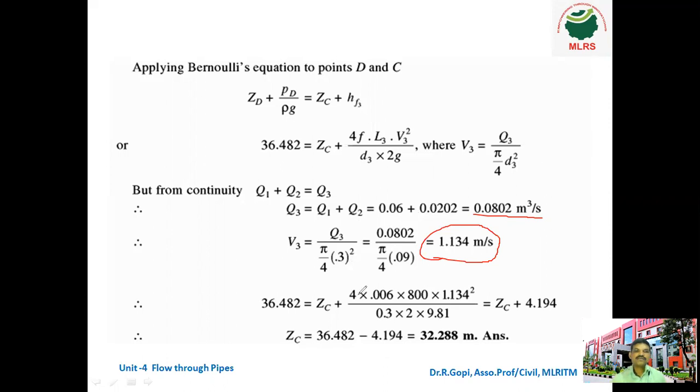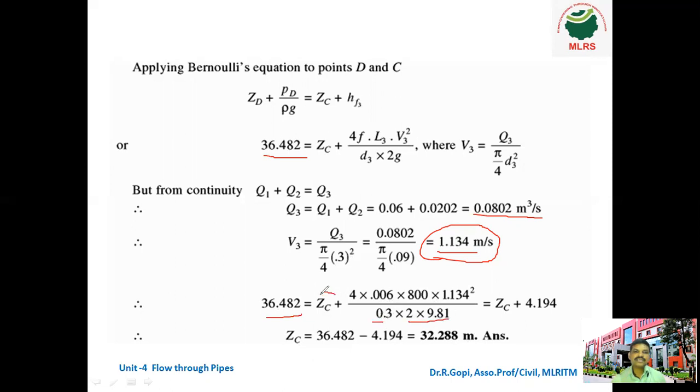Therefore, ZD plus PD by rho g, we already know it is 36.482, equals ZC plus 4f, f is 0.006, into L3 which is 800 meter, and V3 is 1.134 square divided by 2 into 9.81 into D which is 0.3.